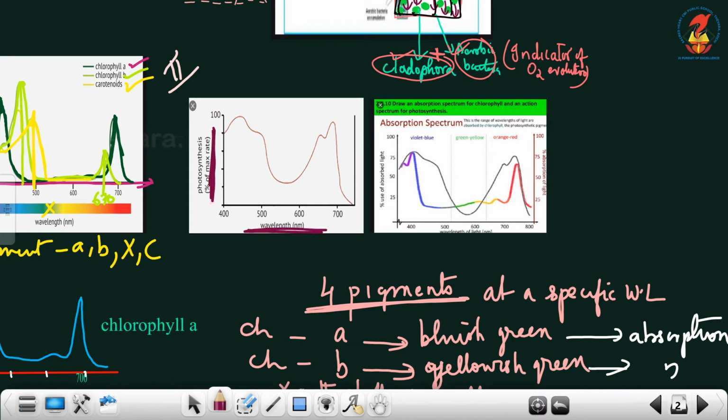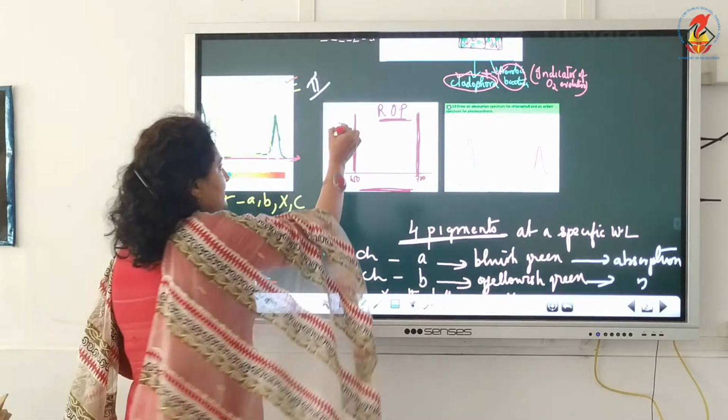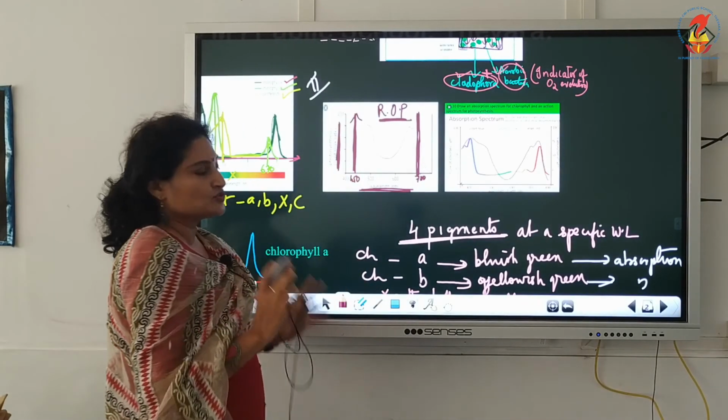It was found the rate of photosynthesis was very high at around 400 and also high at 700. So approximately 450 and 700, the peaks were obtained. Okay, so now we have these two graphs.